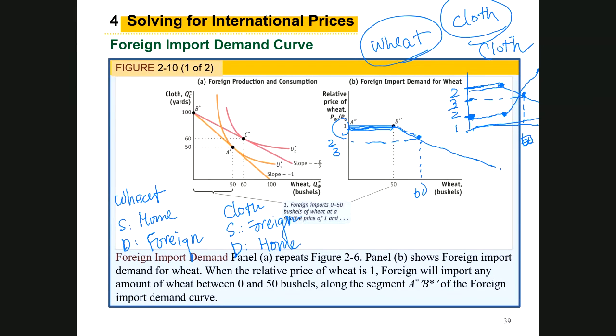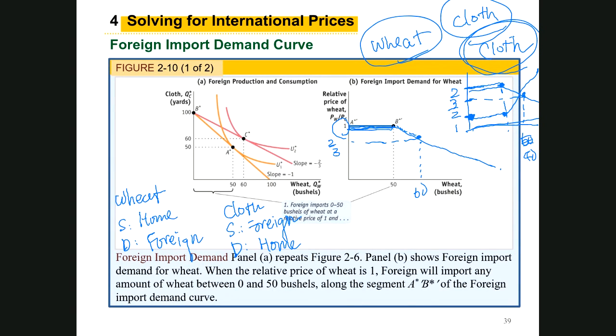Sorry, it should be 40 or 60. No, never mind, don't worry. I just want you to know you have to be able to figure out the international trade market of clothes as well.